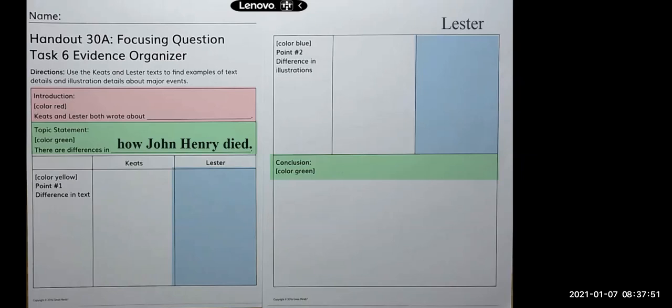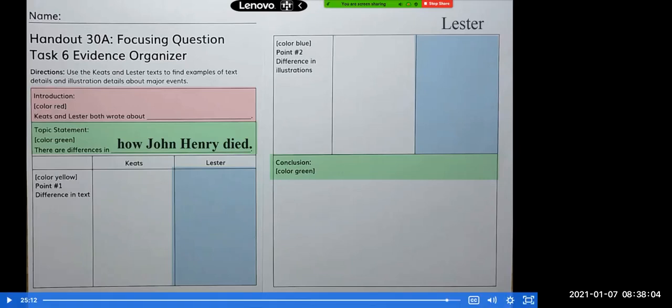We've already done our Keats points. For our Lester points, so we know that in the Keats version, John Henry had his hammer in his hand. What about in this version?